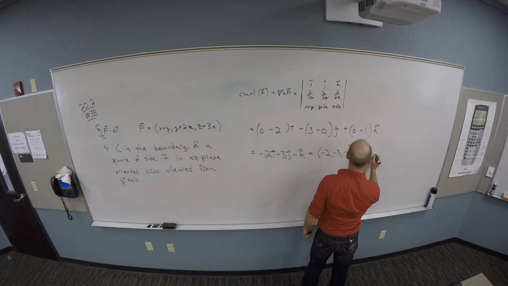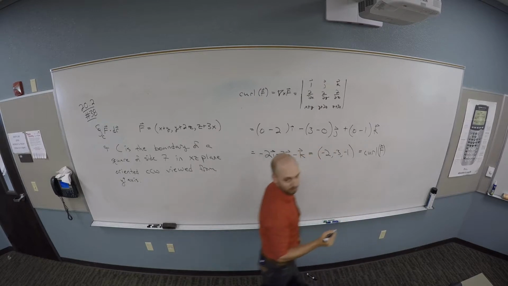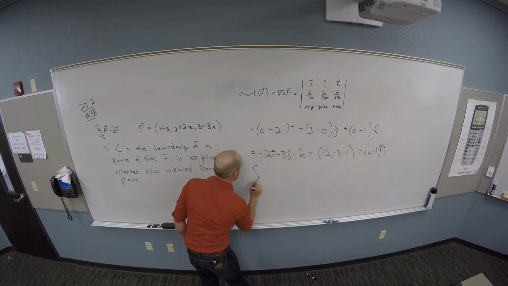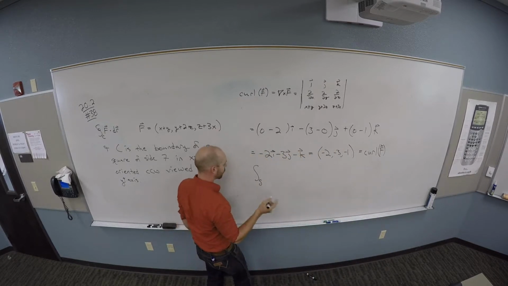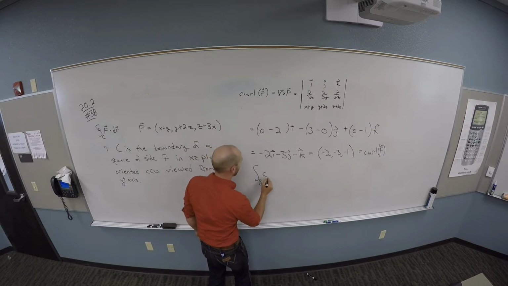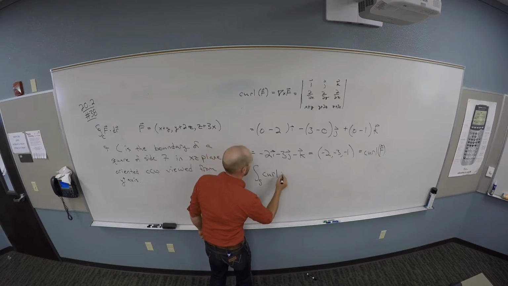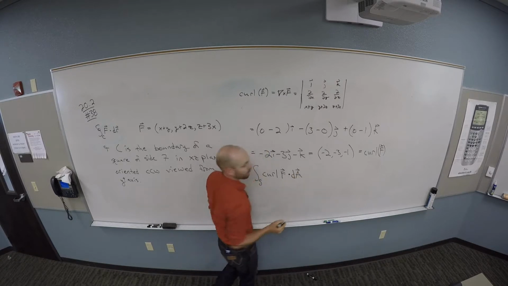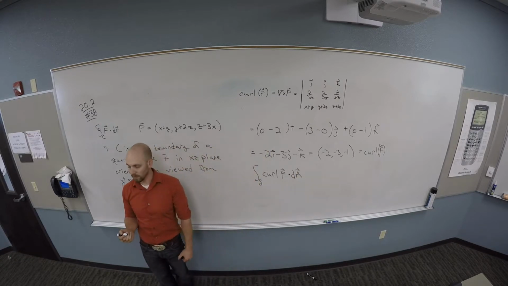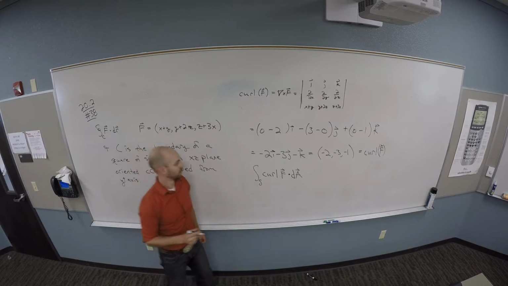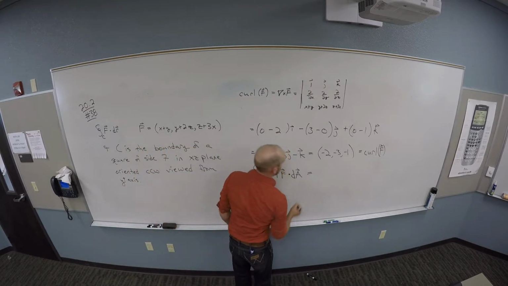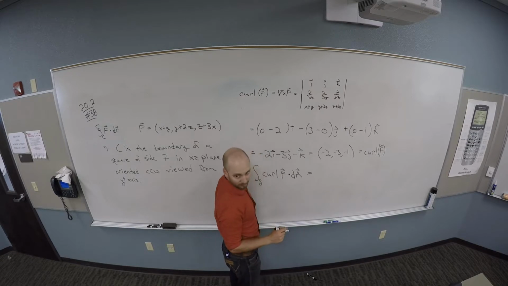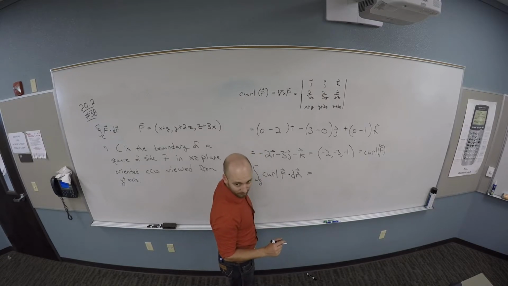Okay, so why did I do that? Because we're going to integrate the curl over the area. I'm going to do the integral over the surface of the curl of f dot the area. And since the curl is constant, can we just multiply that by 49?